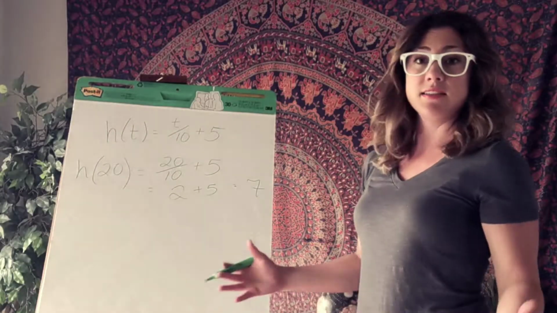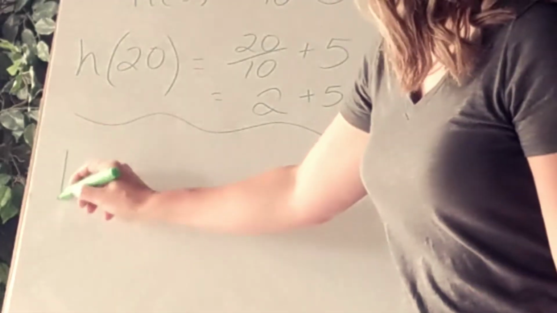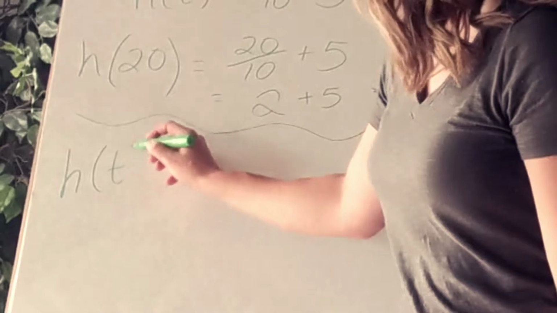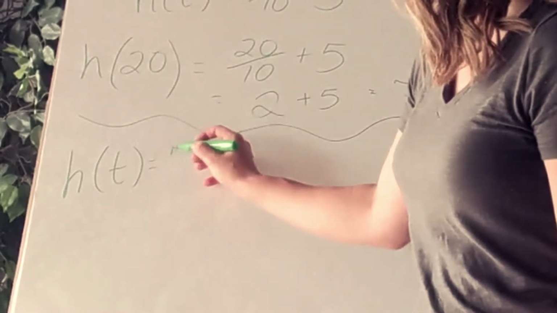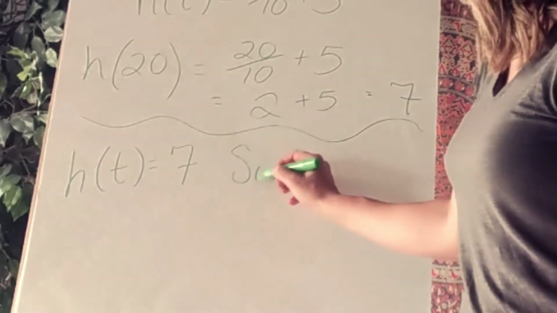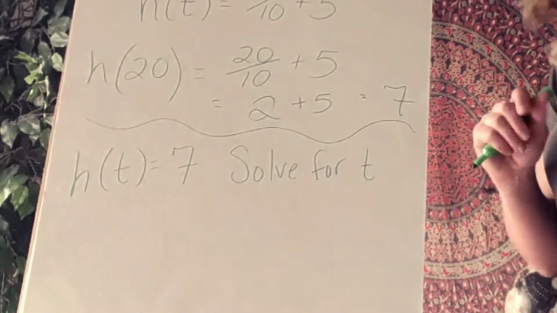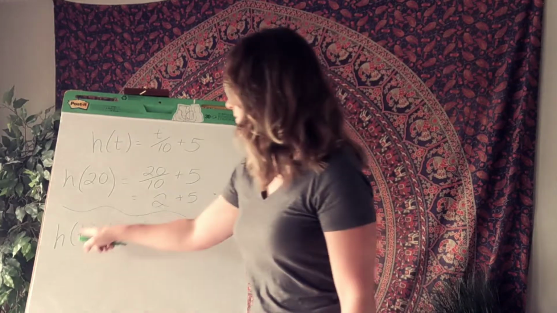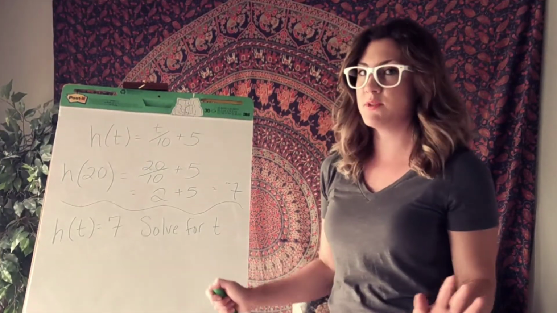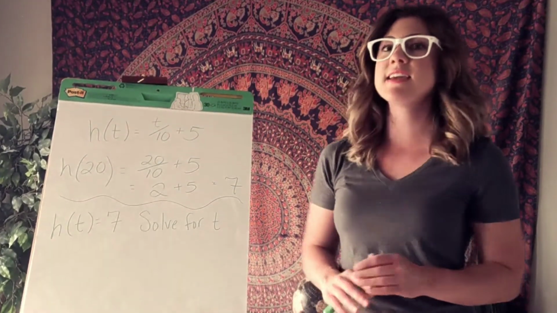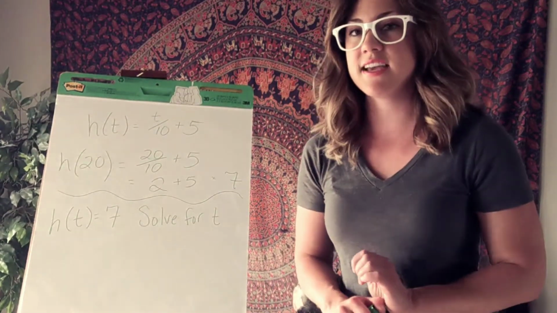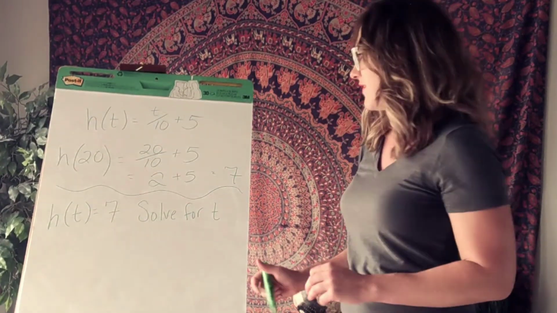Okay, easy enough. What if we were told that h of t equals 7, and we want to solve for t? Alright, so many people will be tempted to just replace t with 7, but that's not what this is asking. It's not saying t is equal to 7, it's saying h of t is equal to 7.